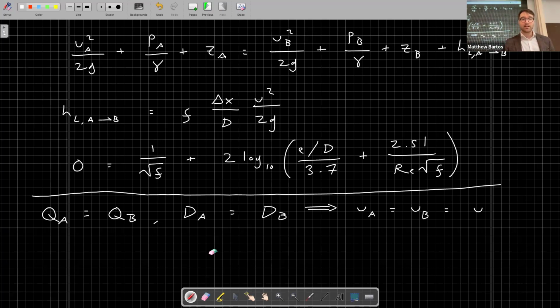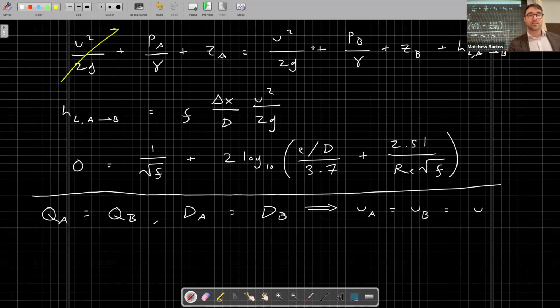So we can go back and edit this equation. So we don't need a UA and a UB. There's just U. How can we simplify the energy equation knowing that fact? Right, we can just subtract from both sides.